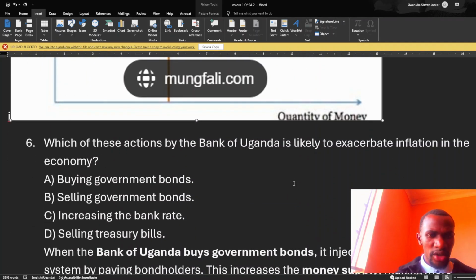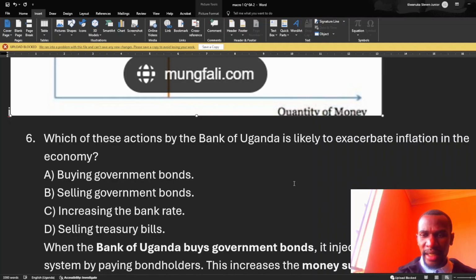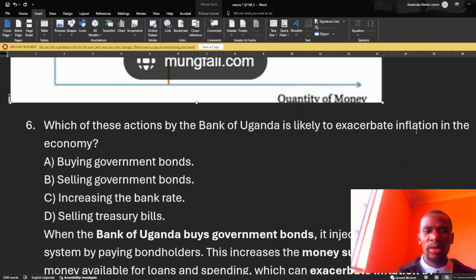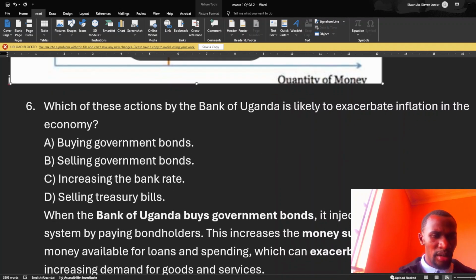Number 6, which of these actions by the Bank of Uganda is likely to exacerbate inflation in the economy? The meaning of exacerbate is to worsen the situation. And how do we worsen inflation? By increasing money supply. How does money supply come in this one? The first one is buying government bonds.